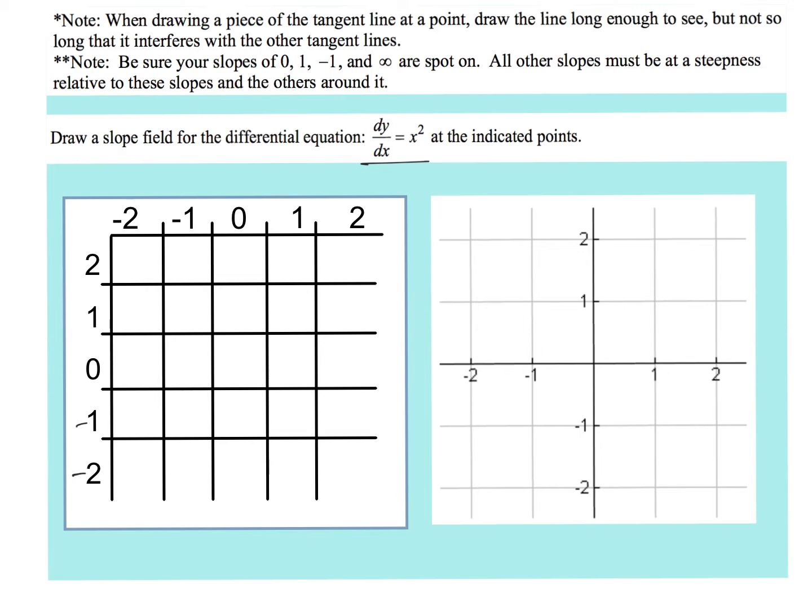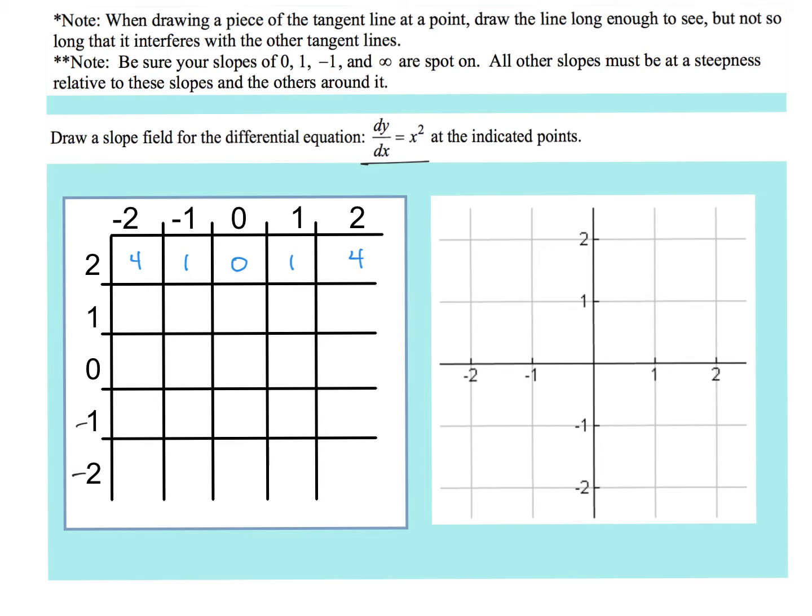We need to find the slope field of this differential equation. Let's substitute in. If I substitute in (-2, 2), what's my slope? 4. At (-1, 2)? 1. At (0, 2)? 0. At (1, 2)? 1. At (2, 2), I get 4.